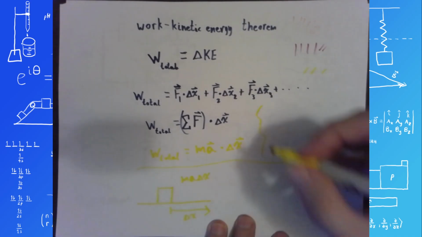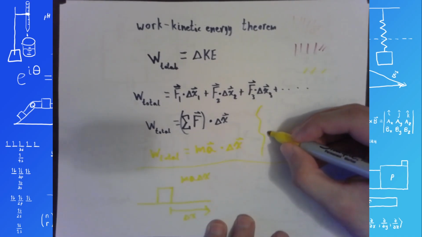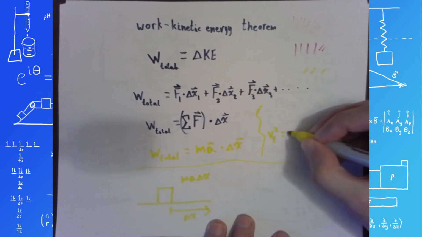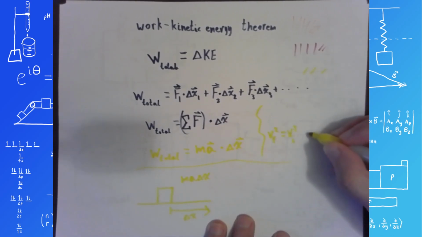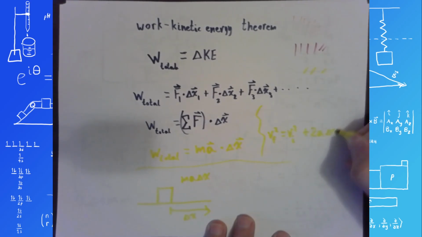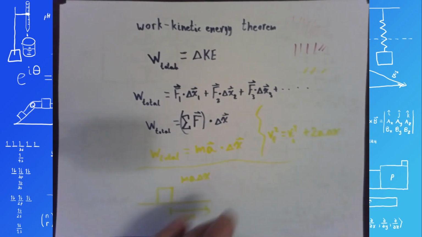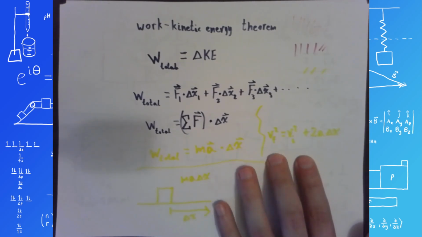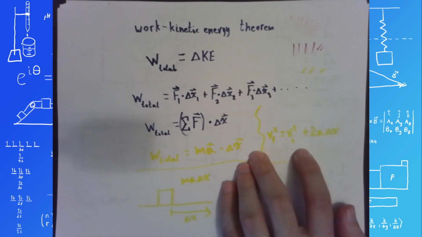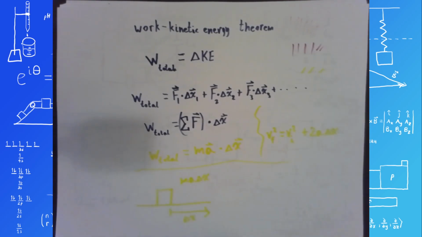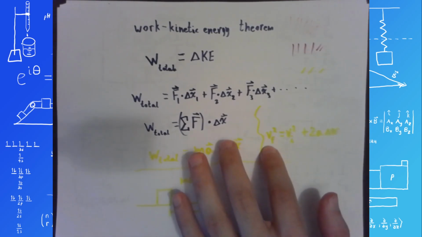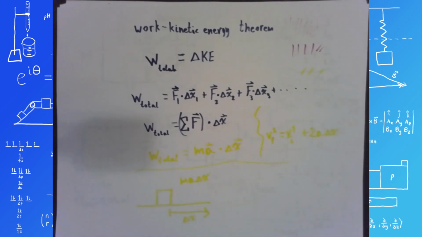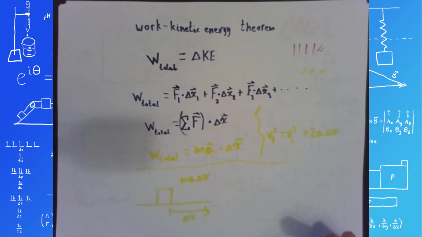If you remember your equations of kinematics, especially the third one, we know that v final squared equals v initial squared plus 2 times the acceleration times the displacement. And of course, some of you might have teachers that just call this v squared while calling this v0 squared, or some of you call it v2 squared equals v1 squared plus 2a delta x, whatever you prefer.